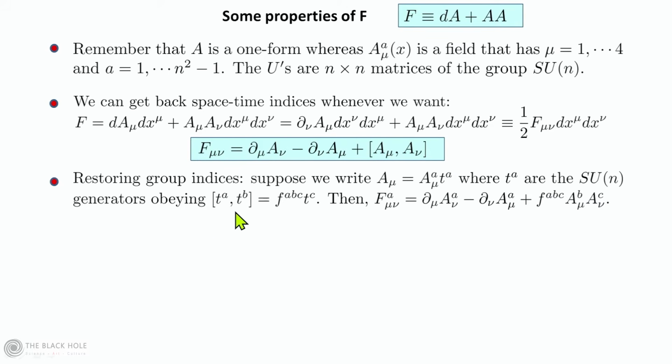And these group generators obey this commutation relation: [T^a, T^b] is f^{abc} i T^c. Then for this F mu nu, just put A mu equal to this in here, and then you see that F mu nu a is equal to this.